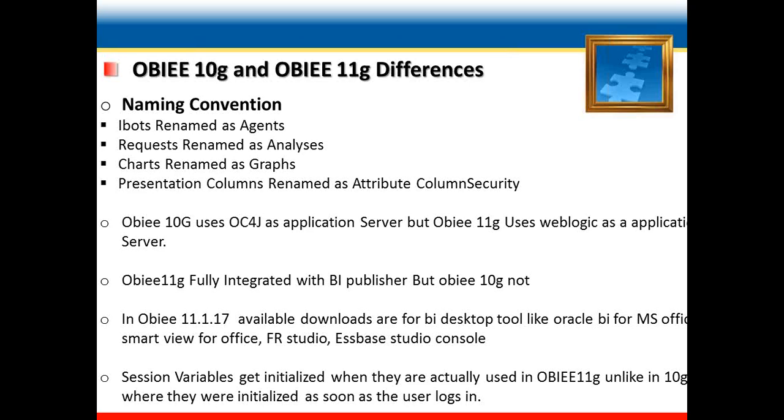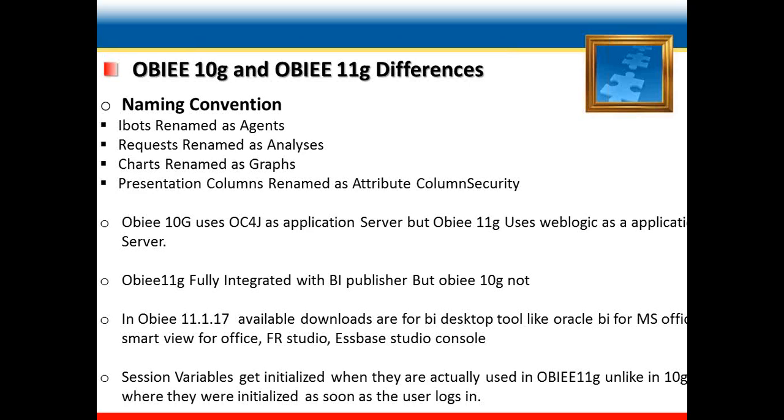And now in Oracle Business Intelligence Enterprise Edition 11.1.1.7, downloads are available for BI desktop tools like Oracle BI Office, Smart View for Office, and Financial Reporting Studio, Studio Console. These downloads are available in OBIEE 11G version 11.1.1.7, but in 10G they're not available.